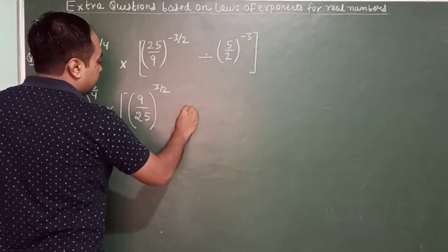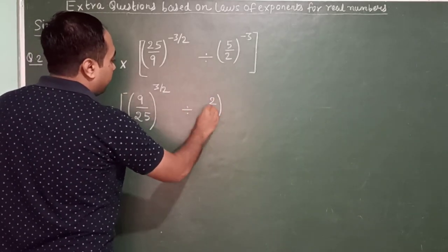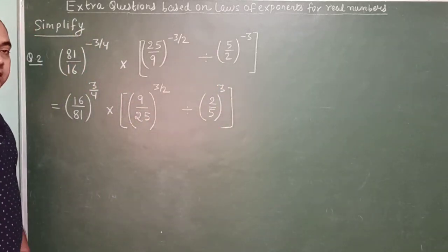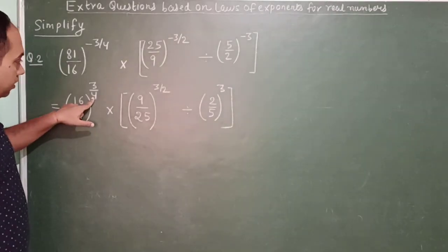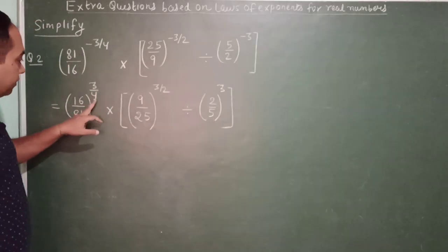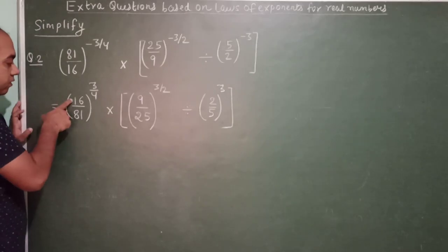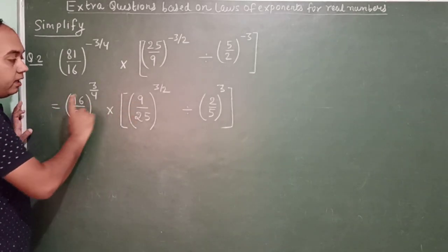Then divide sign and this will become 2 upon 5 whole power 3. Now next thing is, now to simplify it, we need to remove this 4, 2, correct? We need to remove this 4 and 2, and to remove this we will write prime factors of 16, 81, prime factors of 9 and 25.